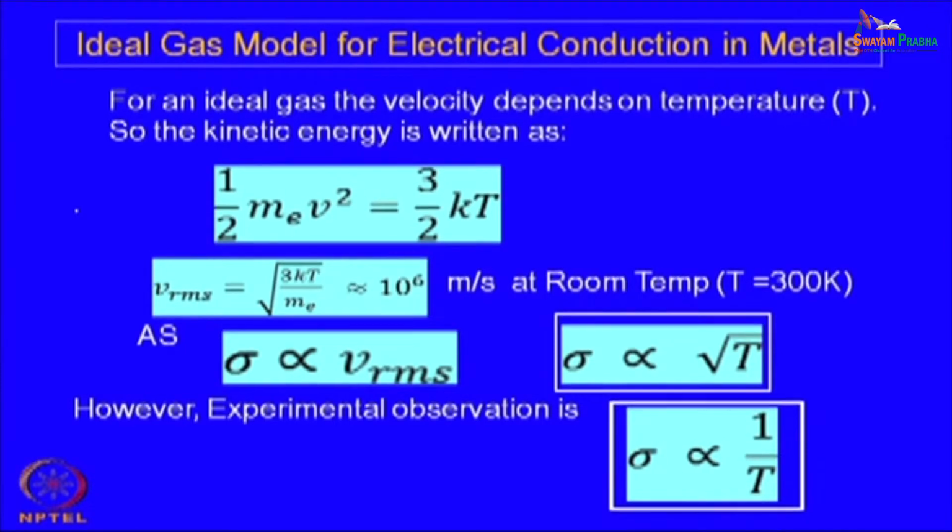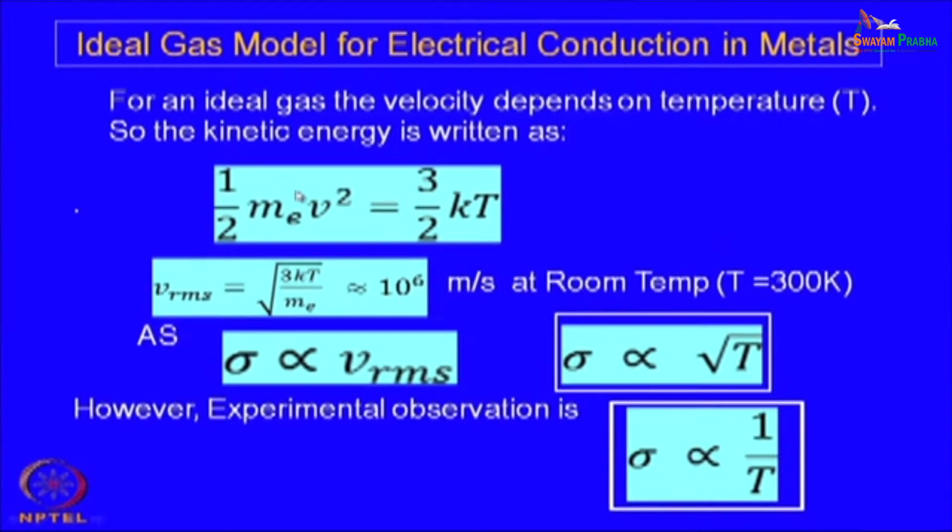Well, this is what I was talking about, the RMS velocity. In the ideal gas model, for an ideal gas the velocity depends on the temperature. The kinetic energy can be written as half m e v square, where v is the velocity because of the thermal energy, and this equals the temperature term, 3 by 2 k T. This is an expression for the effect of temperature on the velocity of gas molecules.